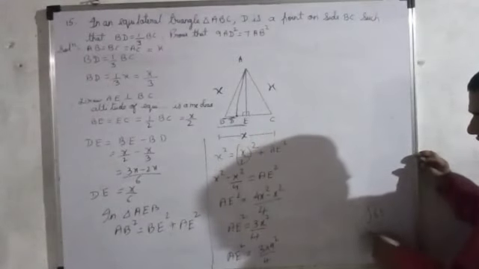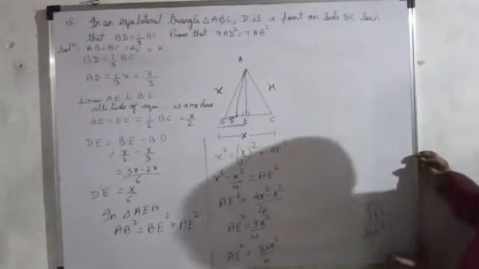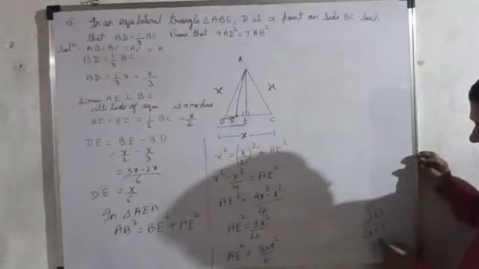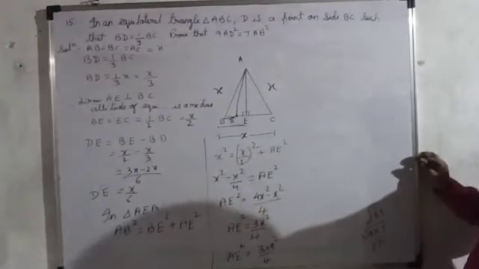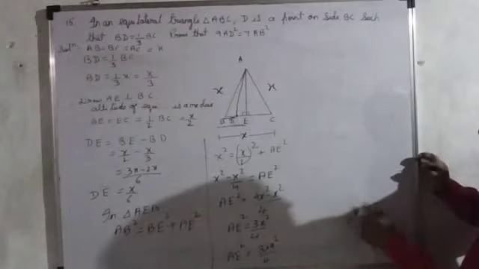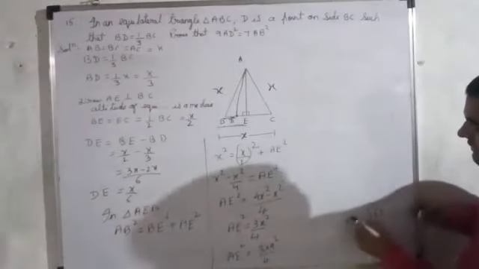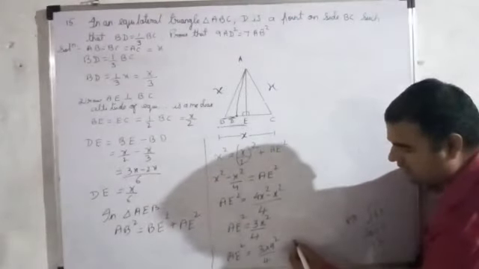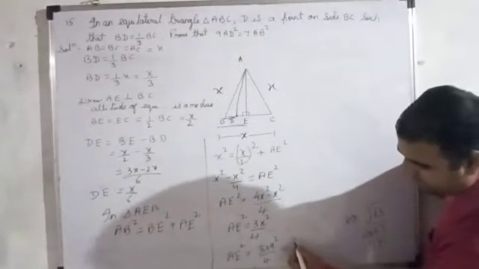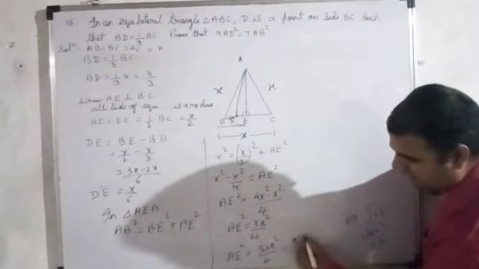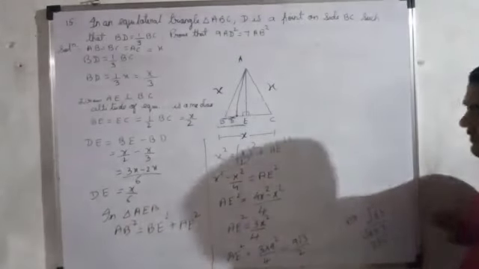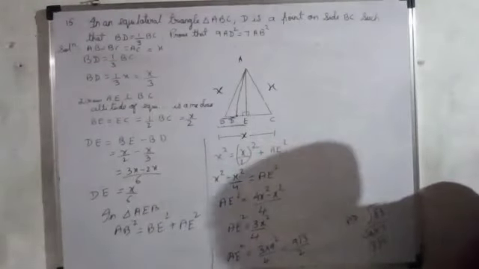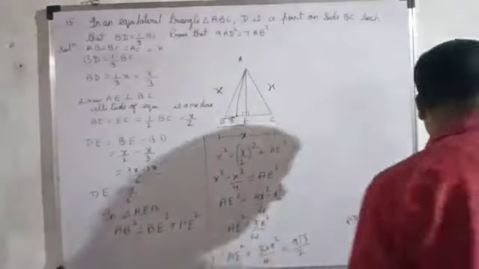Actually it means 9 into 7 only, which is 3 root 7. It was something 80, we will see which value it is. It is 80, AE was different. If you take this square root, you will get 9 root 3 upon 2.